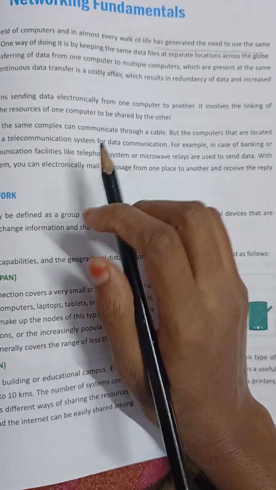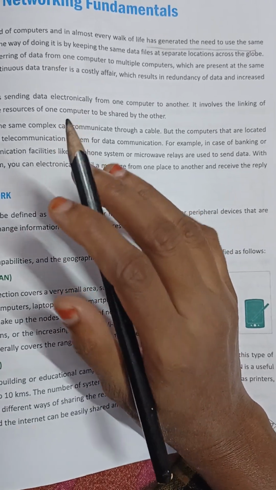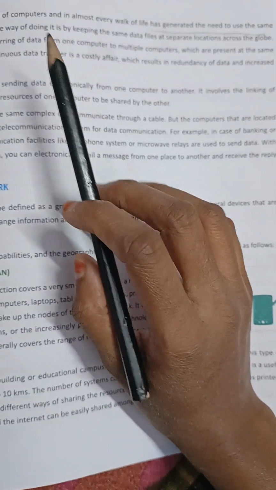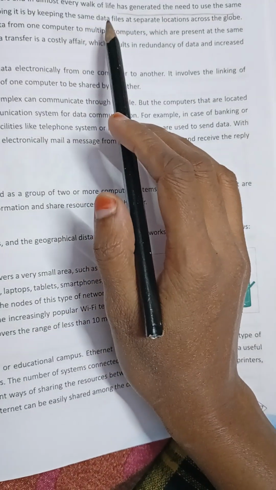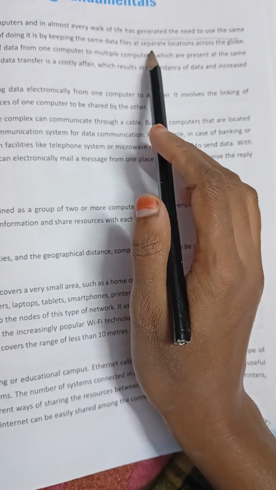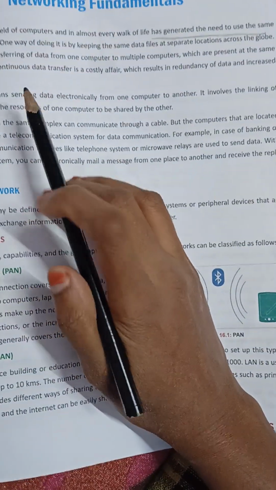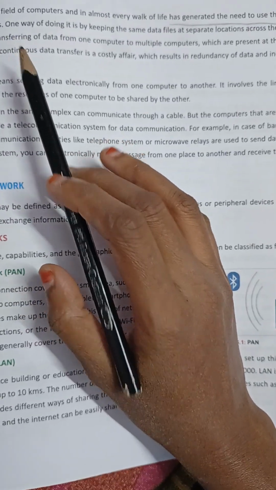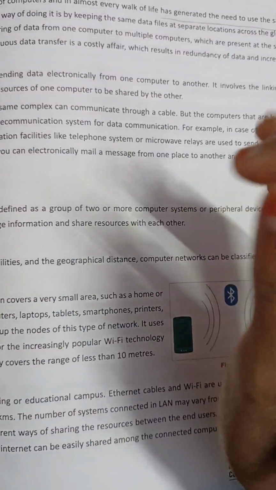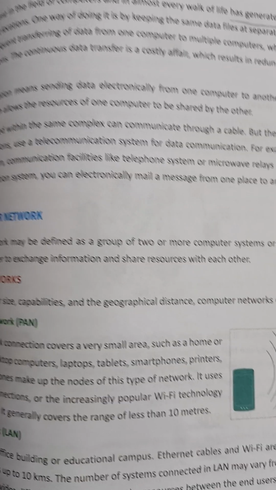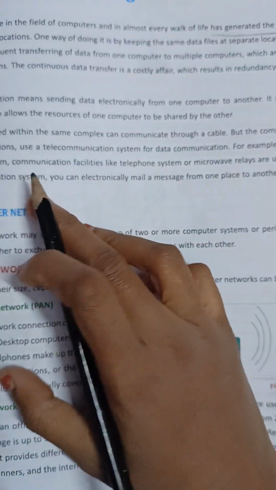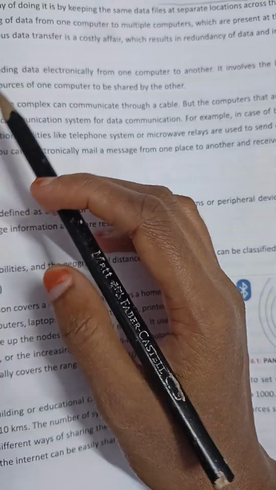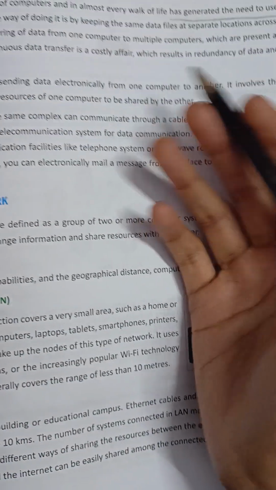One way of transferring data across the globe from one place to another is the transferring of the data itself, and the other way is that the same data files at separate locations across the globe can be used. This involves frequent transferring of data from one computer to multiple computers which are present at the same location or at different locations.